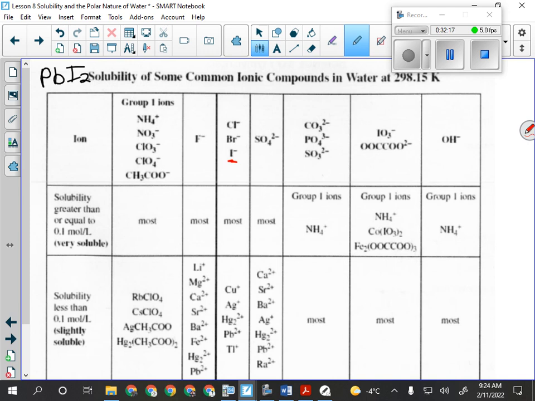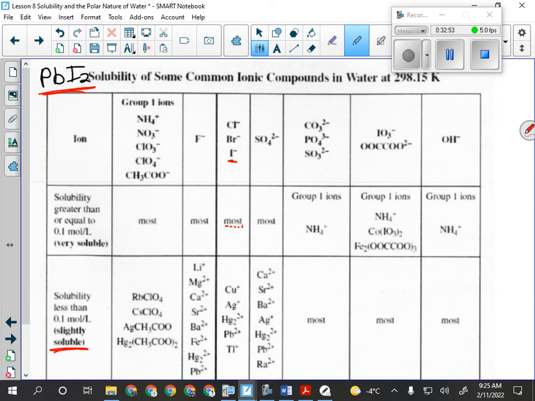It says that iodine is soluble with most things. If I see the word most, I have to look at the next row to find out if what I'm dealing with isn't part of most. The things that are not part of most are copper, silver, mercury, and lead. So this compound is only slightly or not soluble in water.